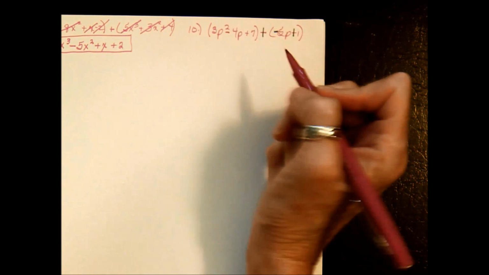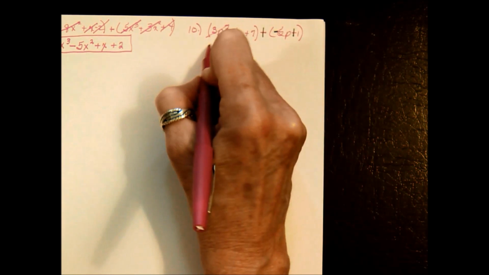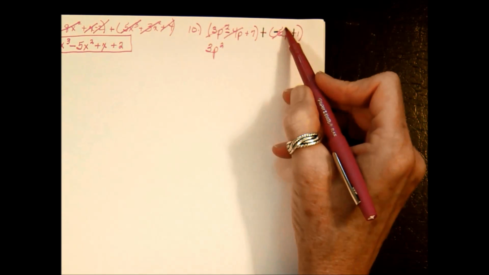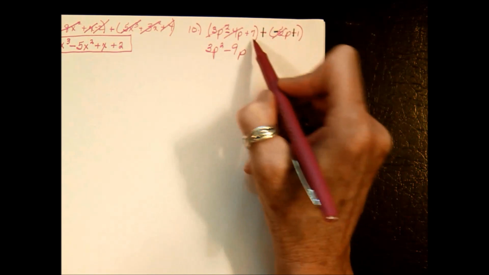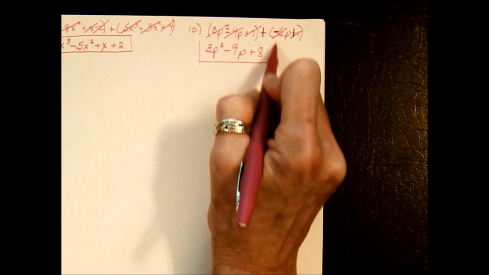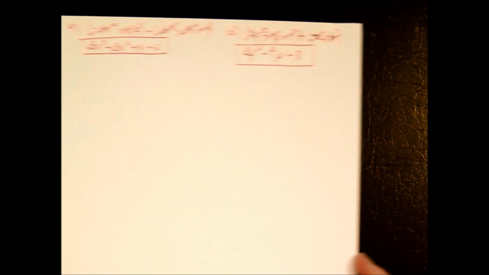So going in order, I'm now going to combine like terms. 3p squared has nothing to combine with. -4p and -5p is -9p. And 7 and 1 is 8. So subtraction, you change the sign to addition and you change all the signs that follow.